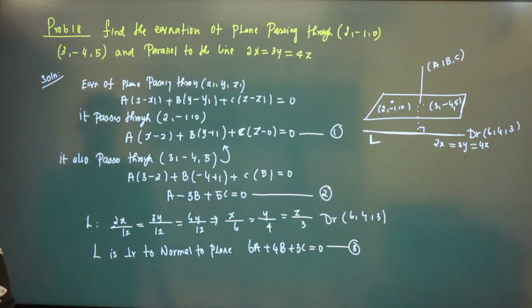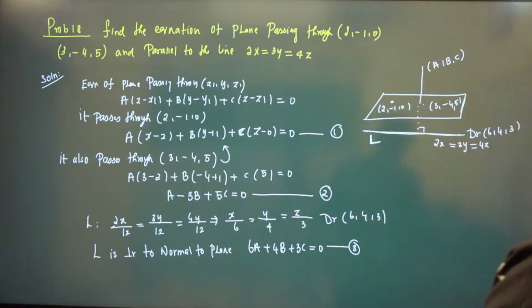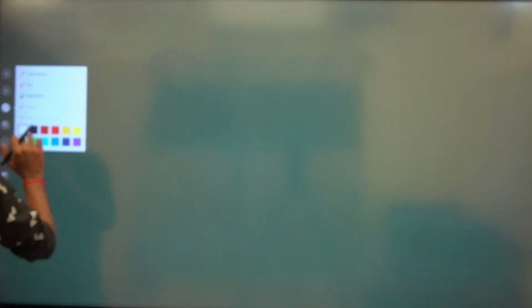So the last problem I want to do, see, this kind of problem will repeat. They will give two lines, they will give 2 points and parallel to some straight line, right? This is the procedure. I'm not doing more problems of one kind in one topic, right? Okay, problem number 19, the last problem that we're going to do.